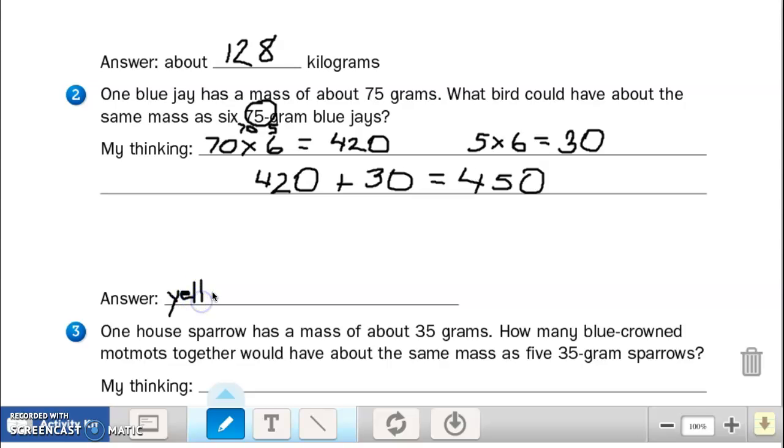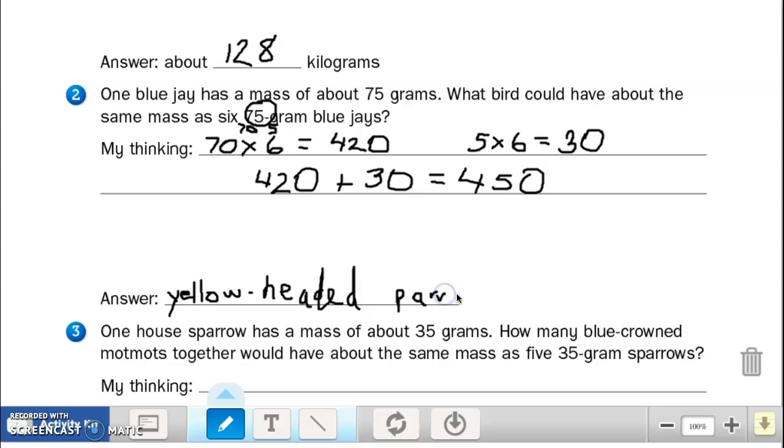It's hard to write on this thing. Or you could write the Atlantic puffin.